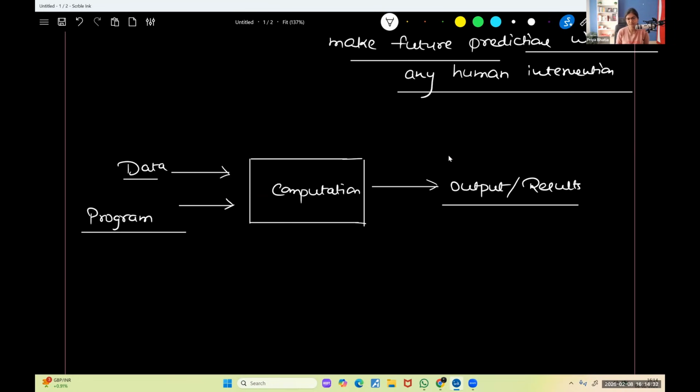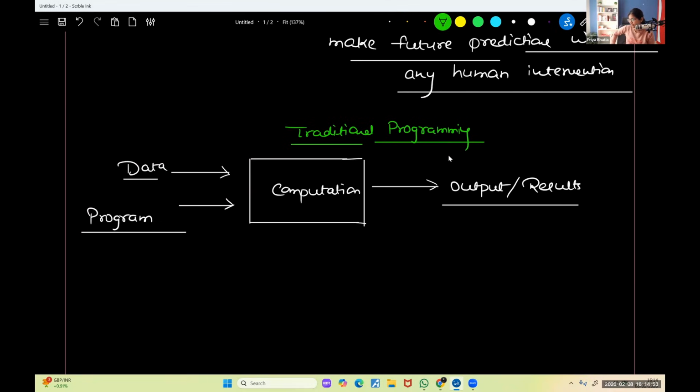It will do the computation and we will get the output as 5. Are you getting my point? So this is the concept we have under traditional programming.